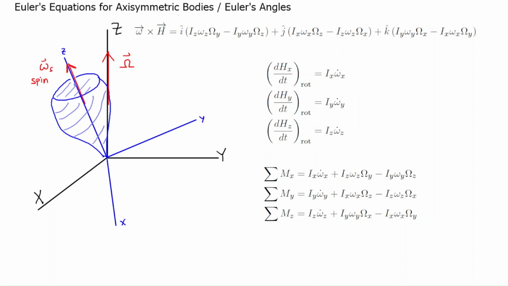Also it should be pointed out that the lowercase omega in all of these formulas, with the various components and so forth in these various places, stands for the net angular velocity, which is the sum of the two different angular velocities of the system, the spin and the rotation of the reference frame.